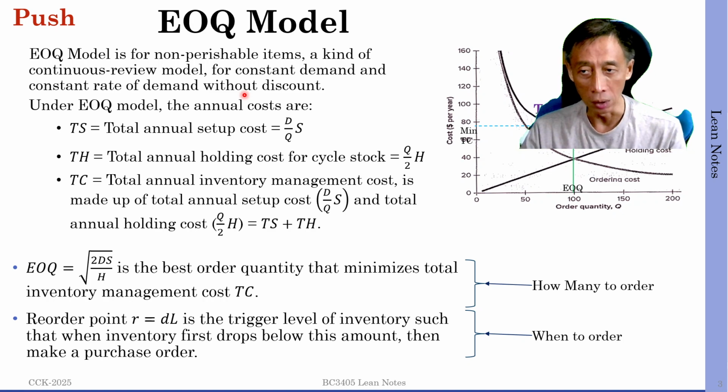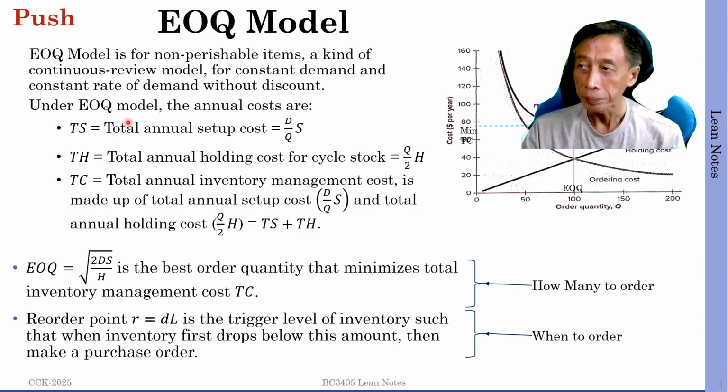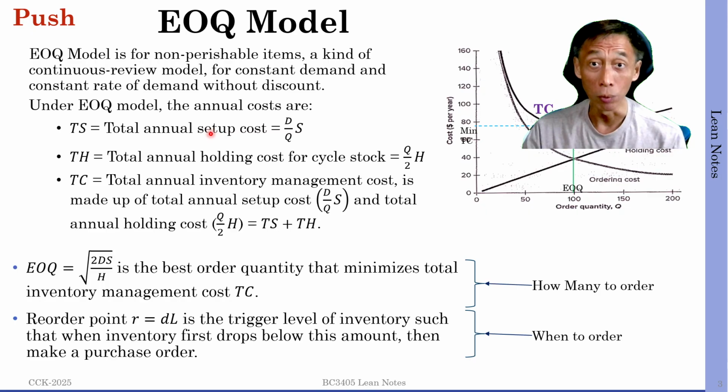The quantities the formulas predict are very usable. They are also provably optimal. Let's just talk about the cost first. So why is it that it's optimal? Under EOQ, the total annual setup cost. Remember what setup cost is?